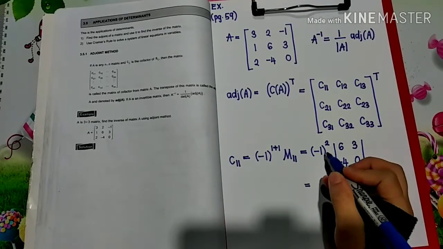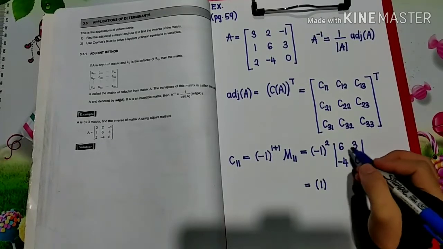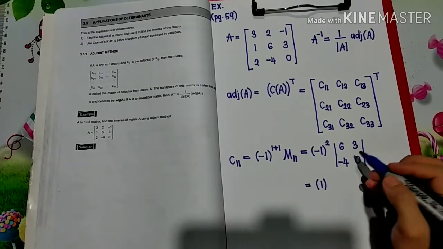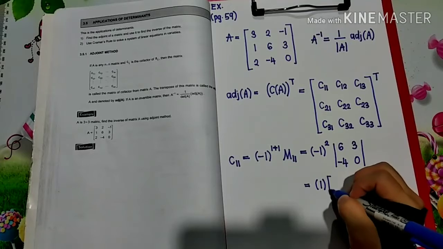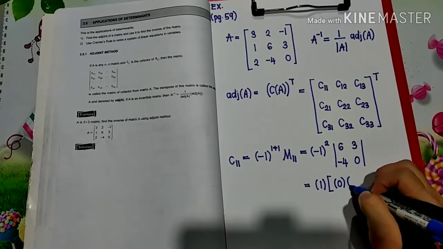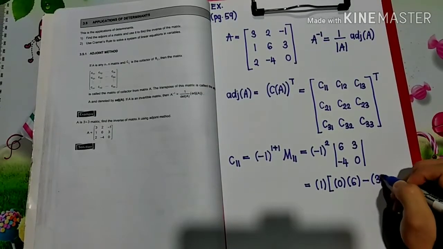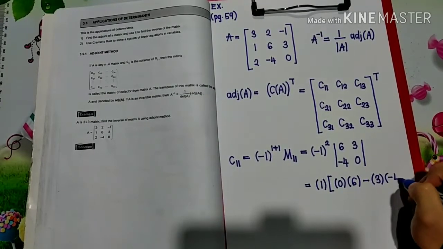So negative 1 power 2 is 1. And then we compute the determinant for this one. So determinant for this one equal to 0 multiply with 6 minus 3 multiply with negative 4.